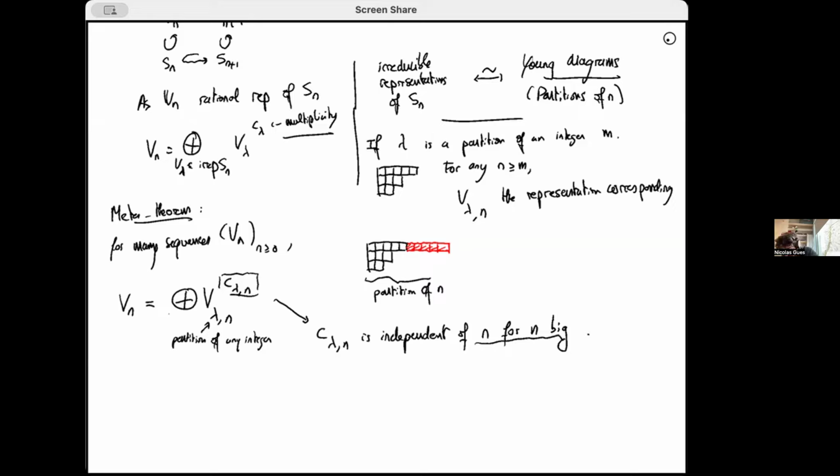This is the phenomenon of multiplicity stability. So that's what was called multiplicity stability.